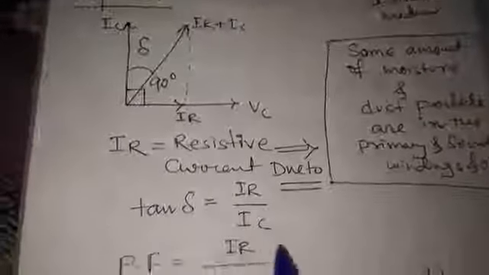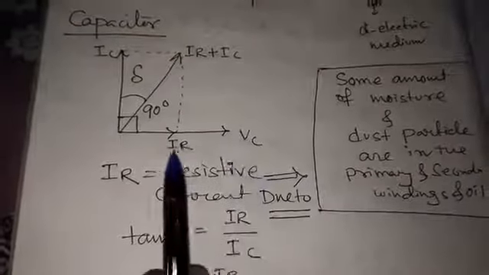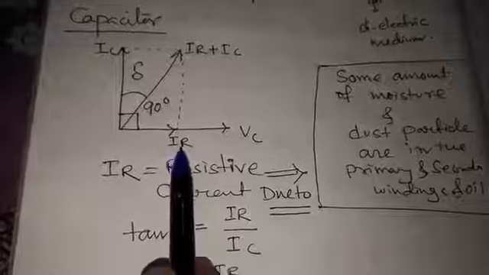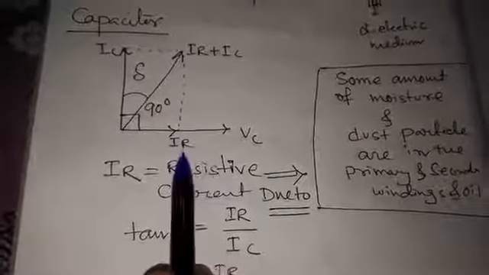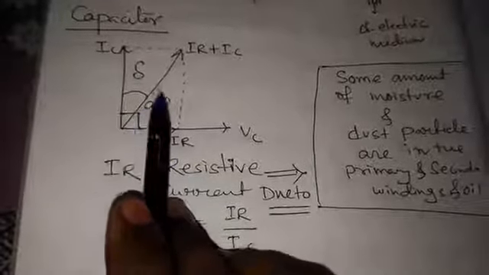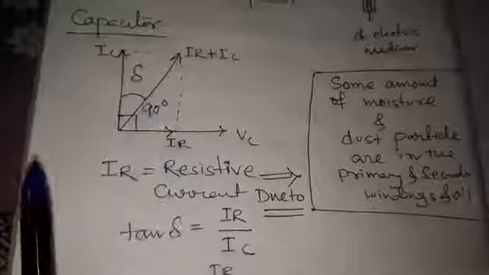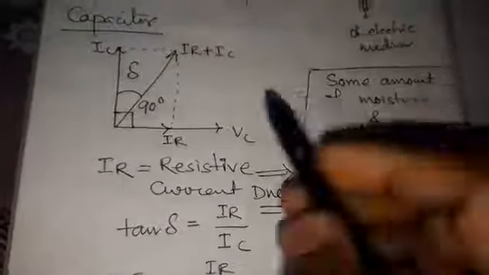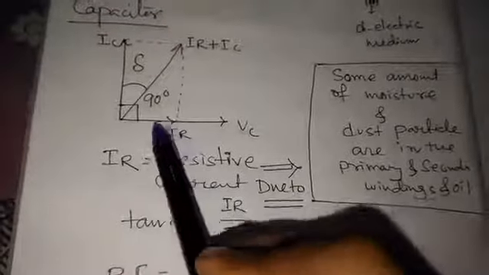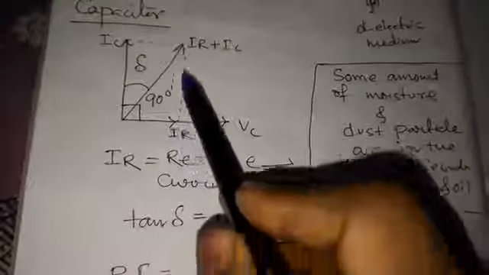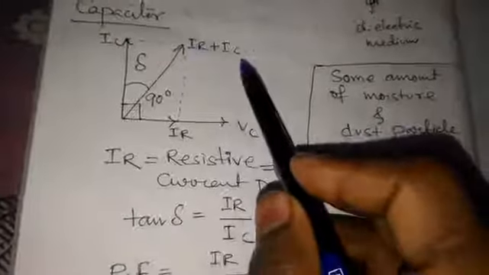So in the case of the tan delta test, if we apply some voltage, some resistive current will flow through the winding, and that will decrease the angle. With the resistive current flowing, the resultant current will be IR plus IC.